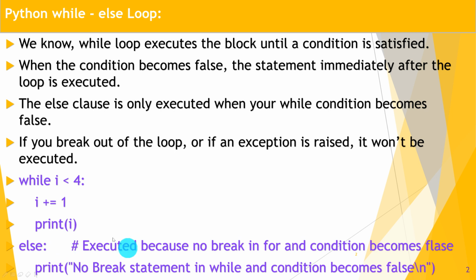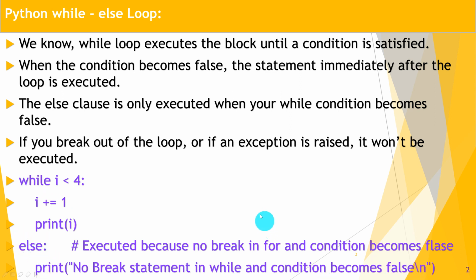But here in the while loop no exception occurs and there is no break statement, that's why the else part is always executed. So when I is incremented and becomes 4, the condition is false, the while loop gets terminated, the cursor goes to the else part, and the else body gets executed.